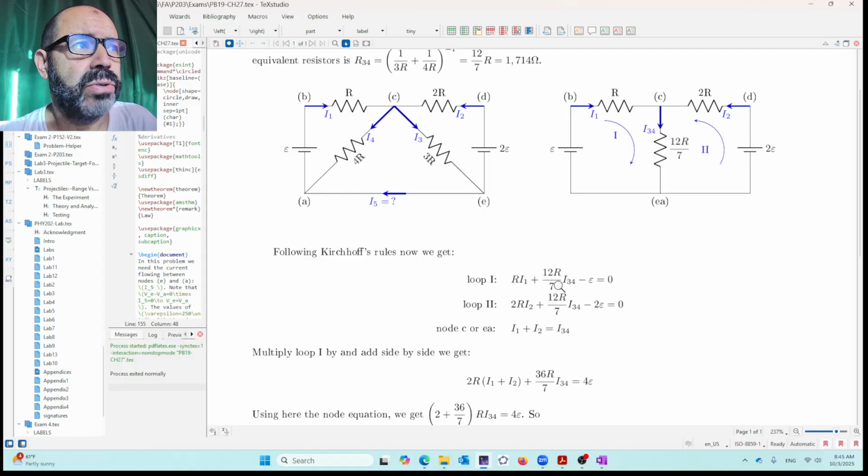So the only factor that changes is this factor times 2. So it's going to have 24 plus 12, that's 36, and everything is the same. Here you multiply it by 2, so it's going to be negative 2 EMF plus another negative 2 EMF, so we'll have a negative 4 of them. And when you move it to the other side, it's positive. So this is the equation by combining loops 1 and 2.